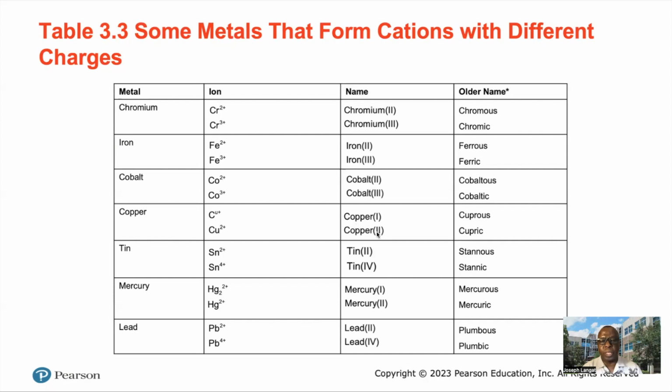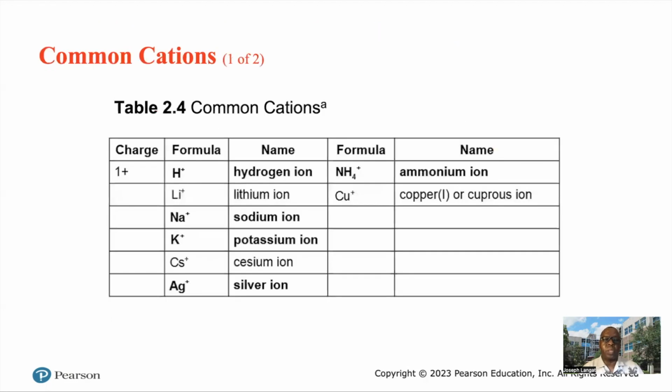Look at the charges. Take note that mercury 1 is diatomic. Each one of them is bringing in positive 1, and we have an overall charge of positive 2. So this is what I want you to learn, guys. The Roman numeral in parentheses indicates the charge on the metal cation.